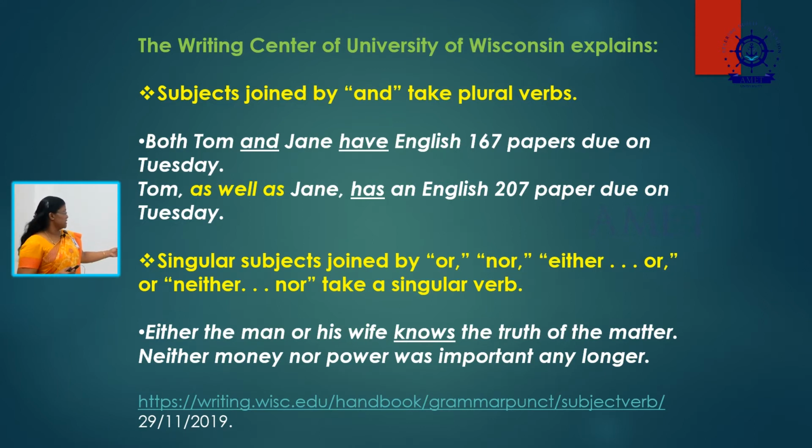Okay. Both are singular, man and his wife. And the verb is also singular. Either the man or his wife knows. Next sentence: neither money nor power was important any longer. So, that is also considered a singular unit which takes a singular verb.